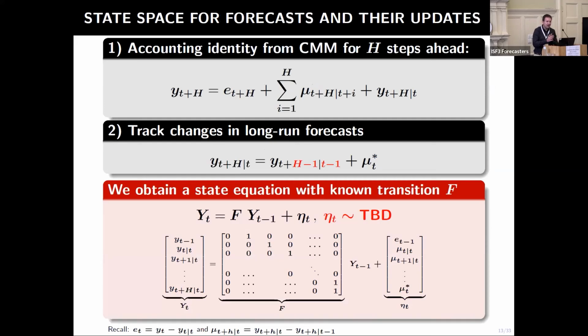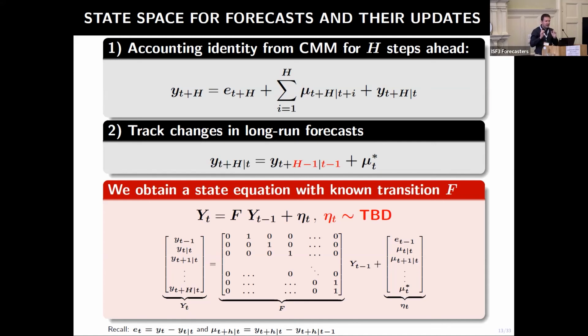Namely, what we can do is take again this h-step-ahead accounting identity, H steps ahead. This capital H corresponds to the longest horizon involved in the Survey of Professional Forecasters that was actually recorded. And then we can also track the changes in the long-run forecast. There's this mu_T star, which is basically the change in the point forecast for the longest horizon, going from one period to the next.